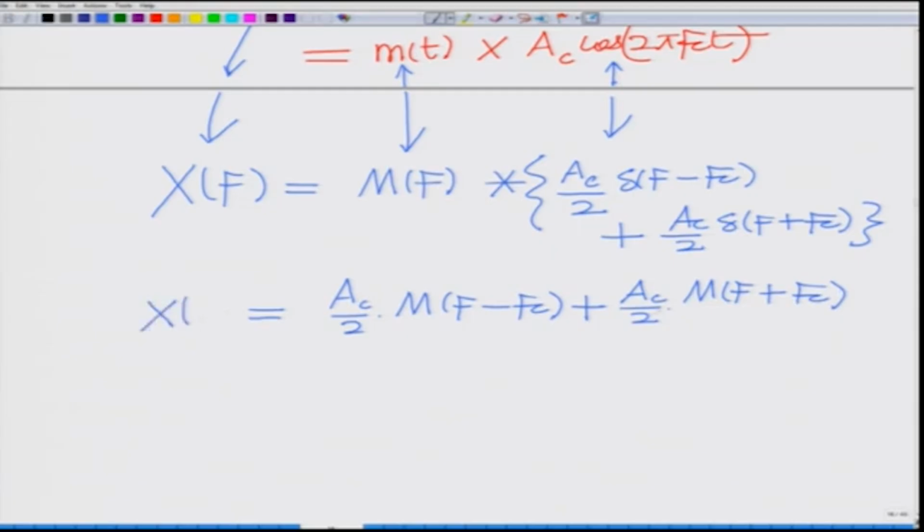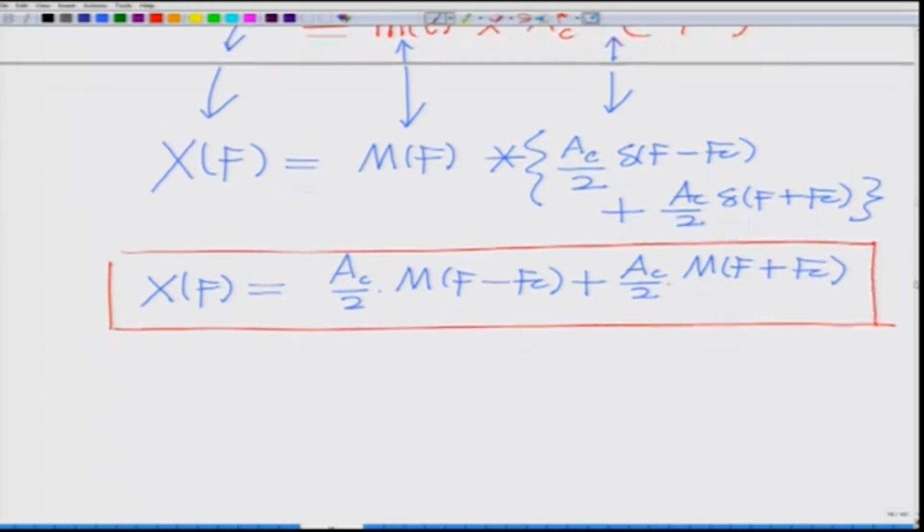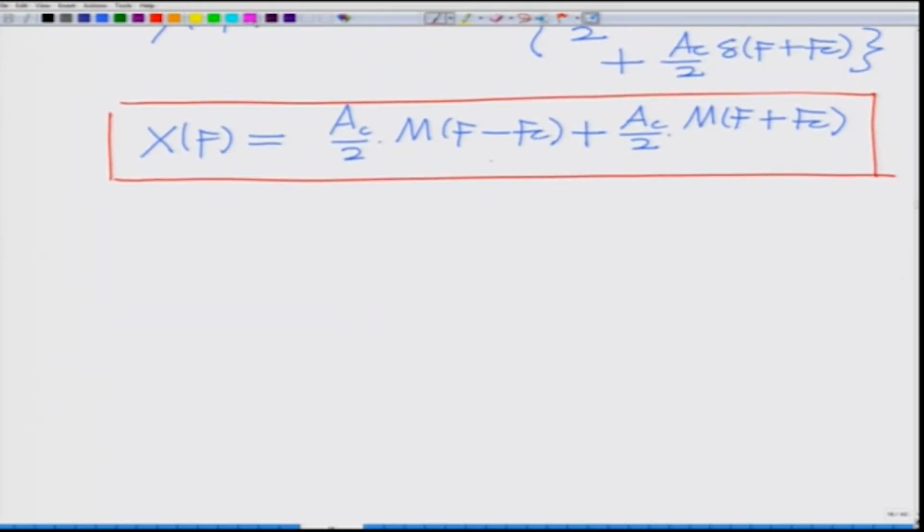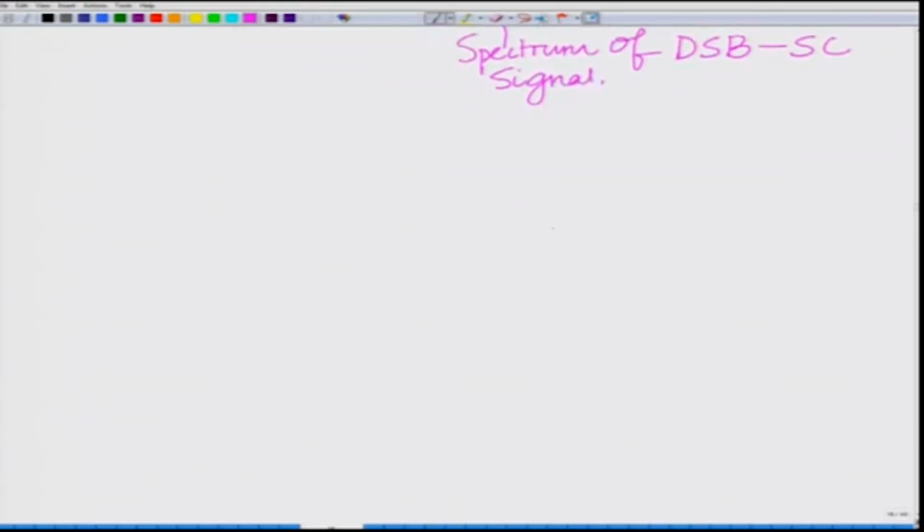This is the spectrum of the double sideband suppressed carrier signal, X(f), that is Ac by 2 M(f minus fc) scaled by Ac by 2, and Ac by 2 M(f plus fc), the spectrum shifted to minus fc and scaled by Ac by 2.